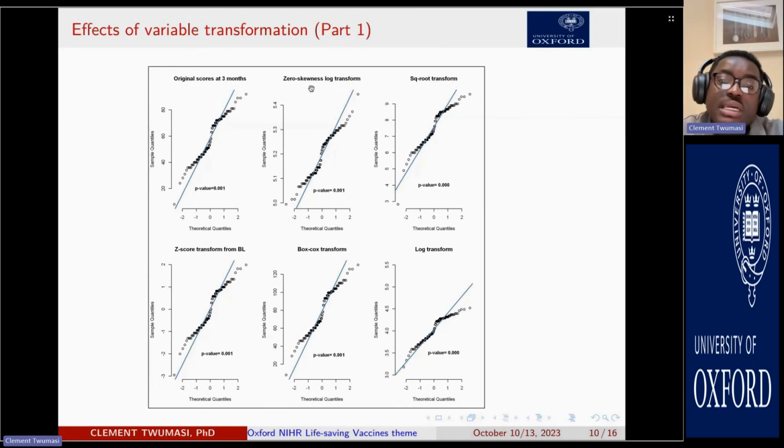Zero skewness log transformation tries to achieve what a log transform does, but at the same time set the skewness to 0. So data could still be log transformed but remain skewed. Most of the time, people transform data sets and then try to see if it will preserve the parametric assumptions of linear models.